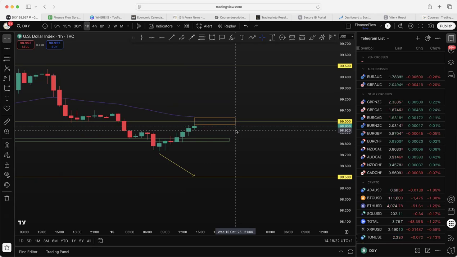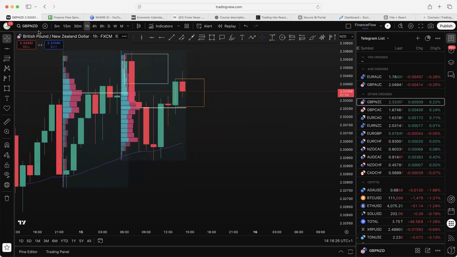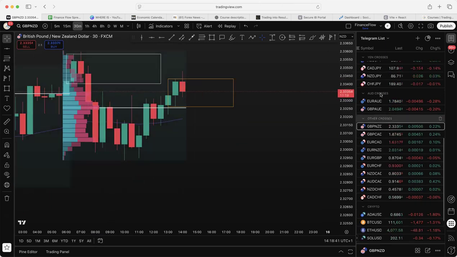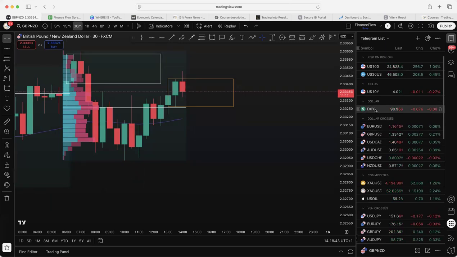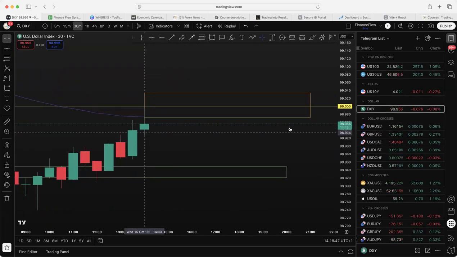Even GBP NZD is made up of GBP USD and NZD USD, and it's the price difference between them. So everything in forex revolves around the US dollar, so that's why I speak about it so much. That's why it's pretty important.